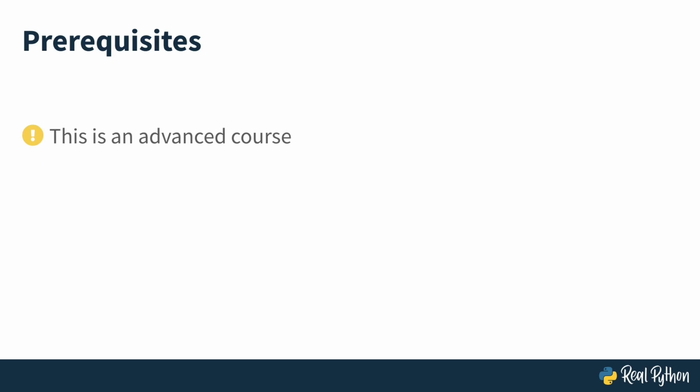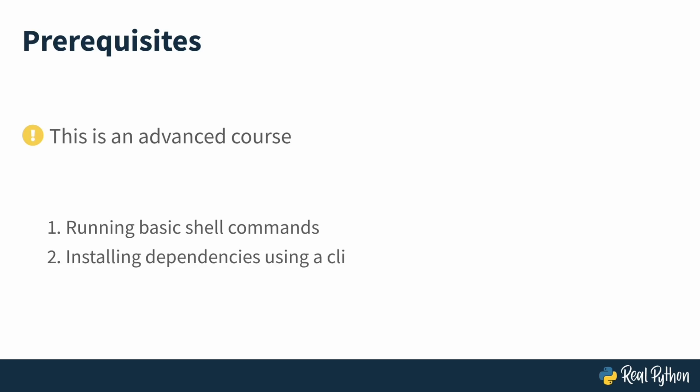This is an advanced course which requires you to have knowledge about a couple of things. First, running shell commands like cat, ls, pwd, etc. This course assumes you know these commands. And installing dependencies using a command line interface. You might even have to do some debugging when you run into issues.